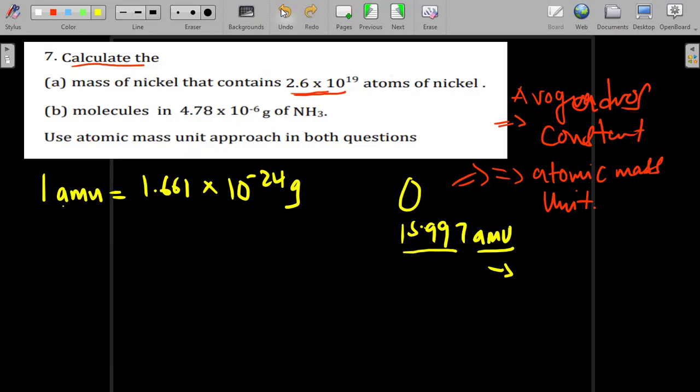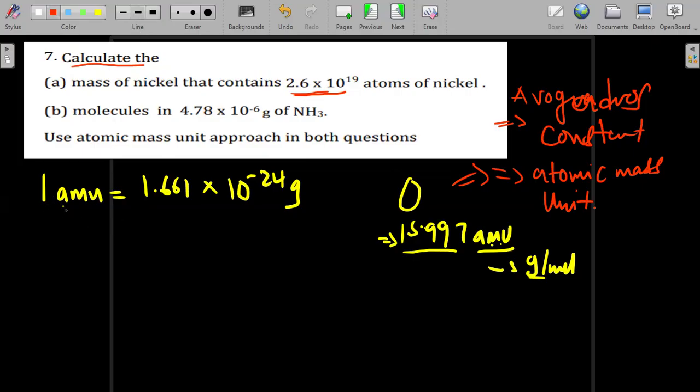Its units were grams per mole. So on the periodic table, these masses are measured in atomic mass units, or you can say grams per mole. This is the first relationship that you must know.